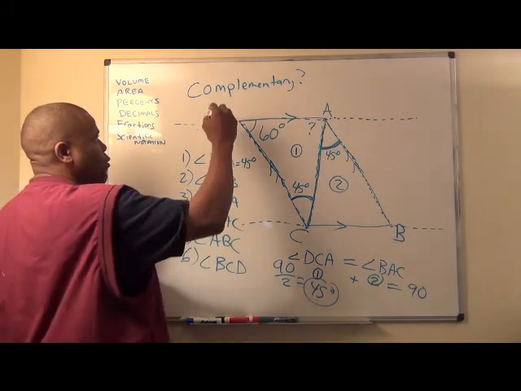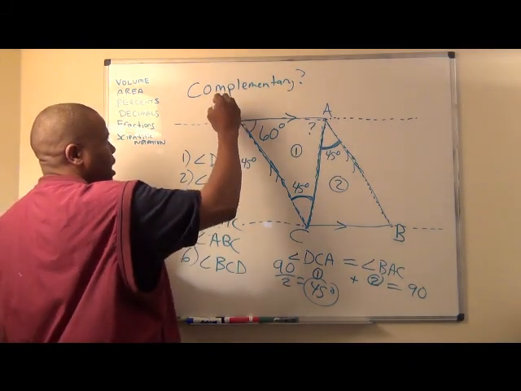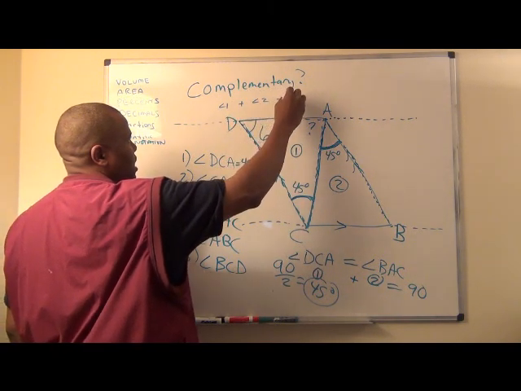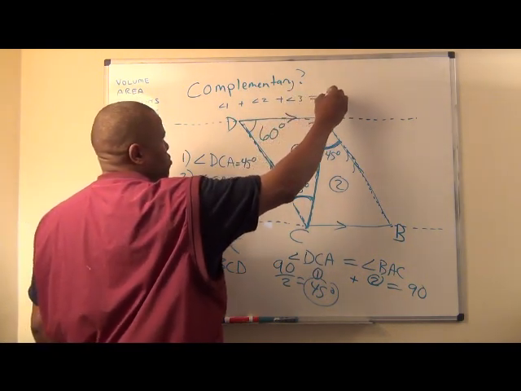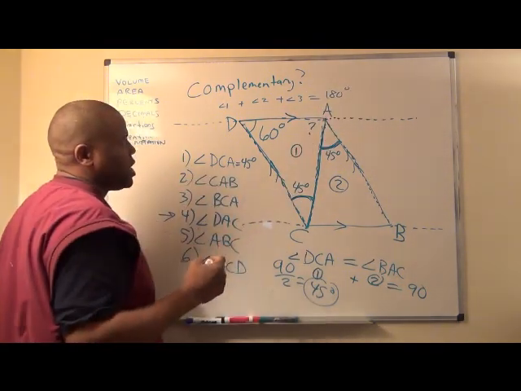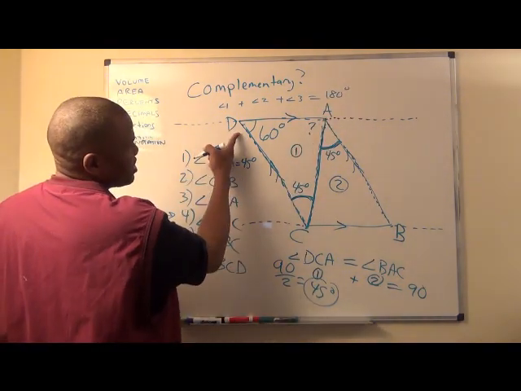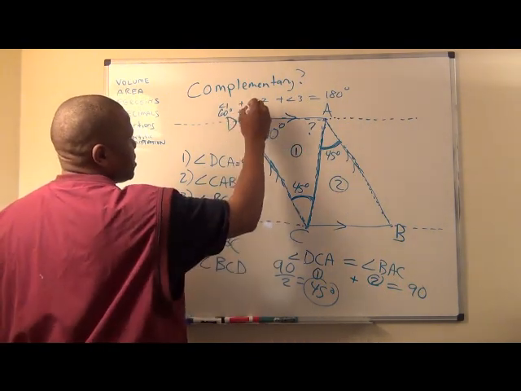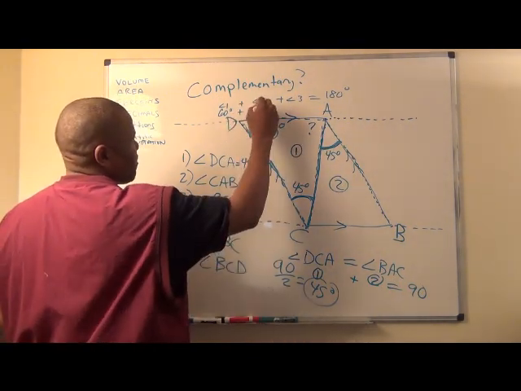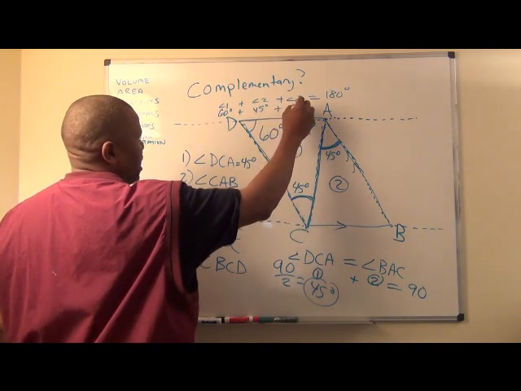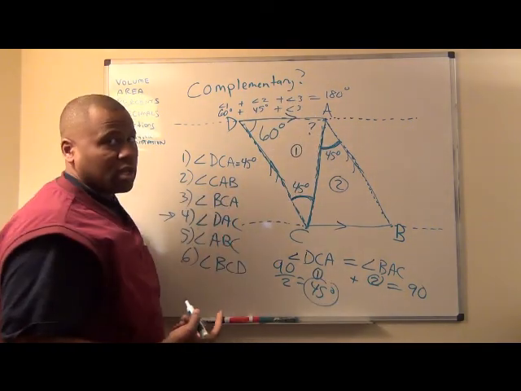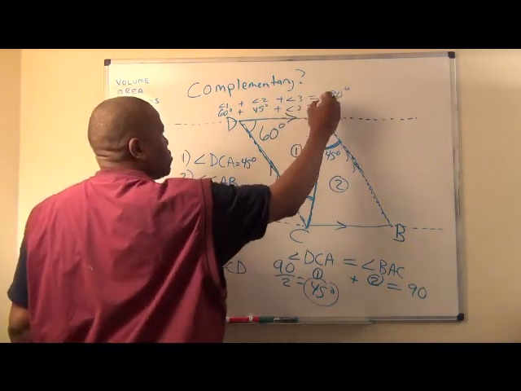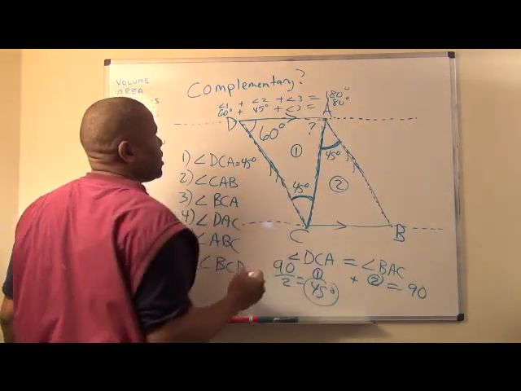So you can create a formula: angle 1 plus angle 2 plus angle 3 is equal to 180 degrees. Let's call this angle 1, make that 60 degrees. Let's call that angle 2, and that's 45 degrees, plus angle 3, which we don't know, is equal to 180 degrees.